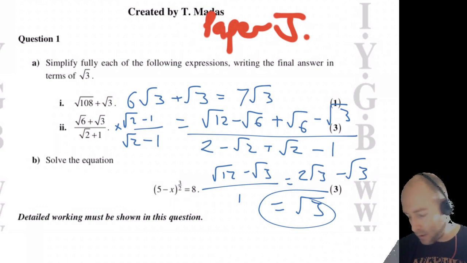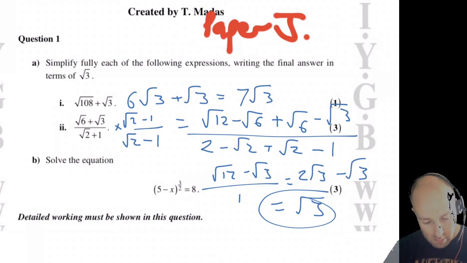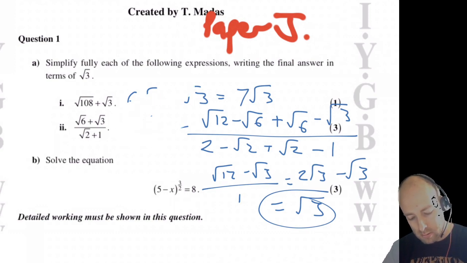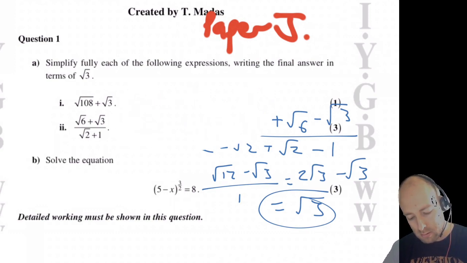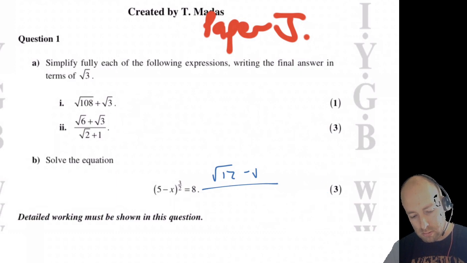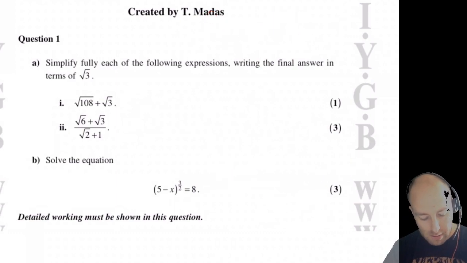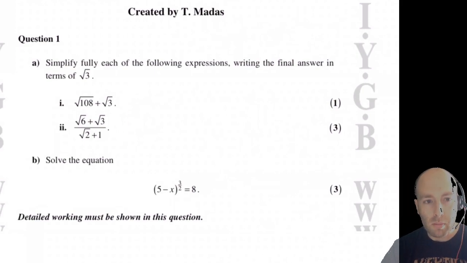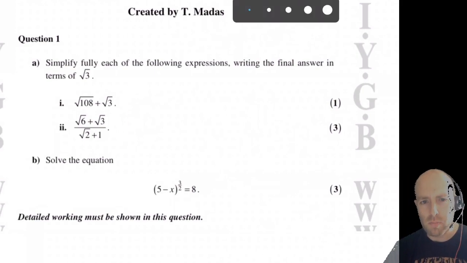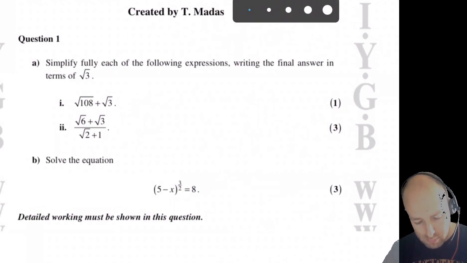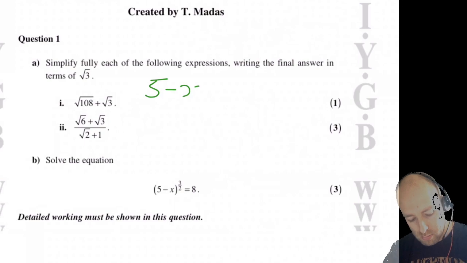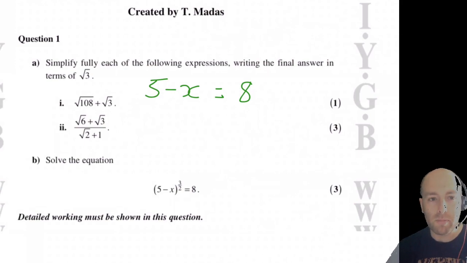Right, let me get rid of that because I don't have any space. Okay, and the last bit is saying solve this equation. So I'm going to cube root both sides. So I'm going to say 5 minus x equals 8 to the power 2 over 3.